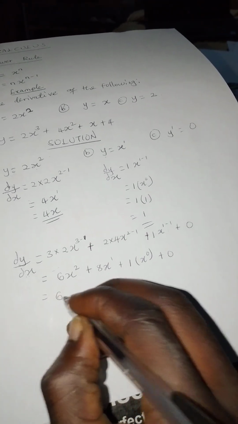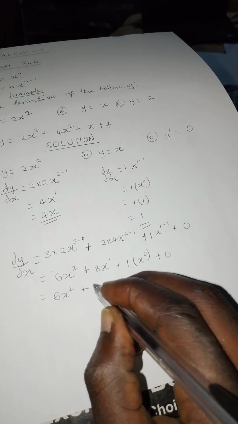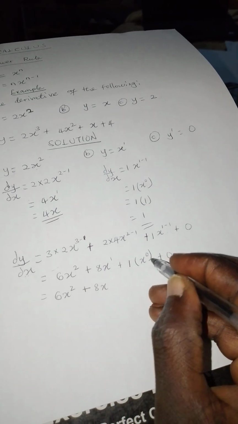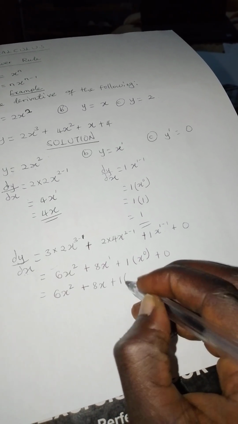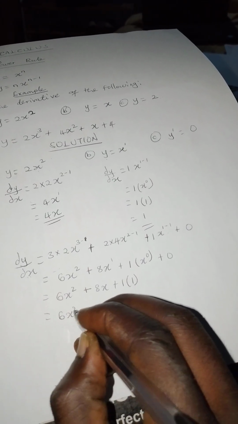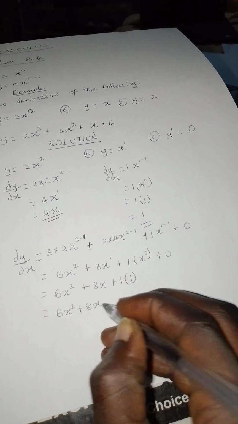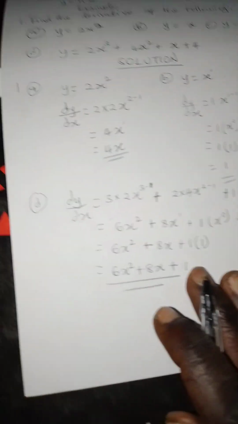So what are we getting? We're getting 6x^2 plus 8x. Any number raised to power 0 is 1, so it's 1 times 1. So you have 6x^2 plus 8x plus 1. It means I found this.